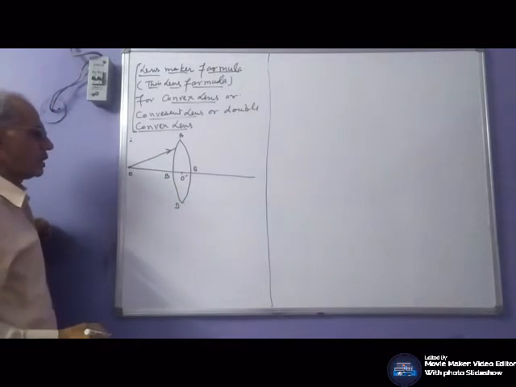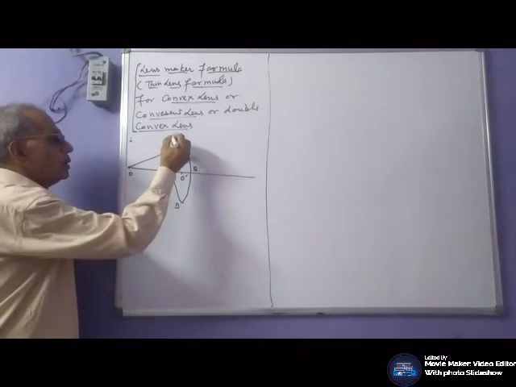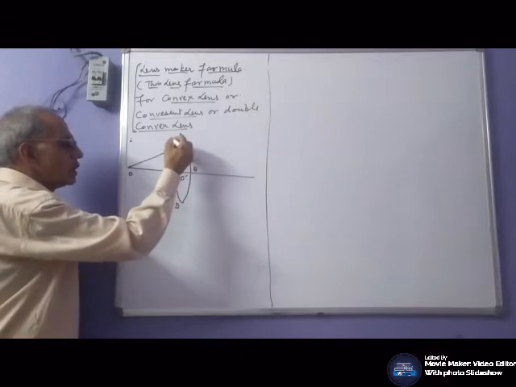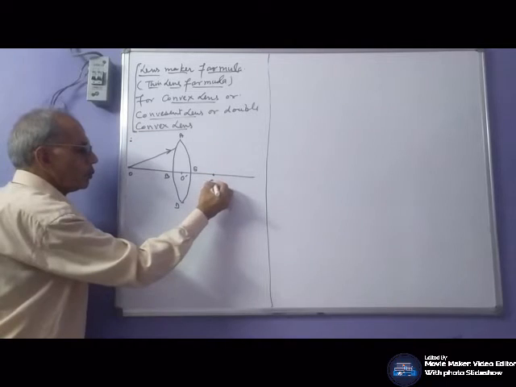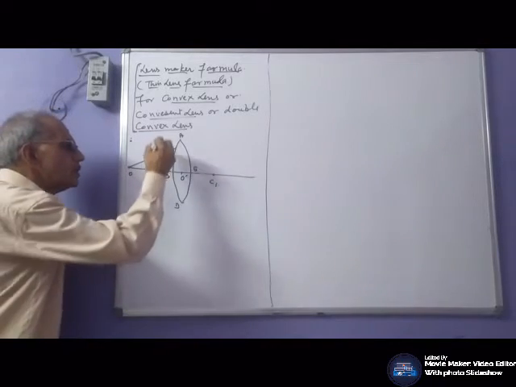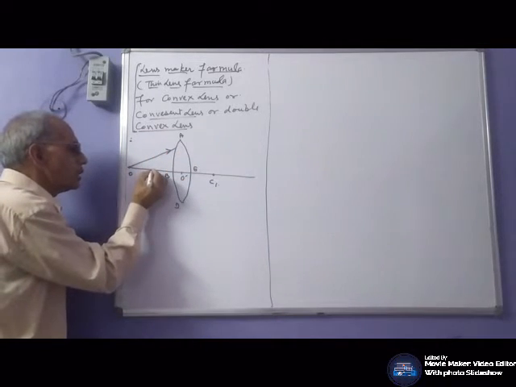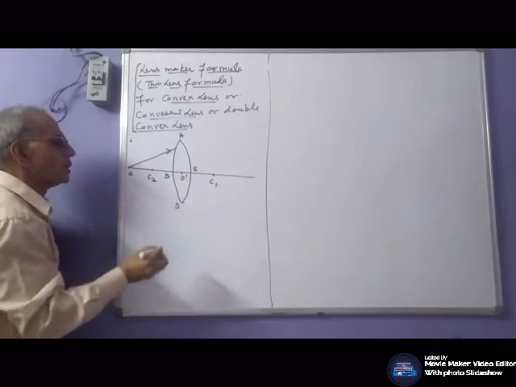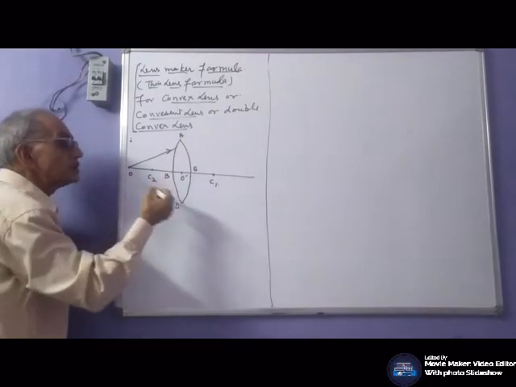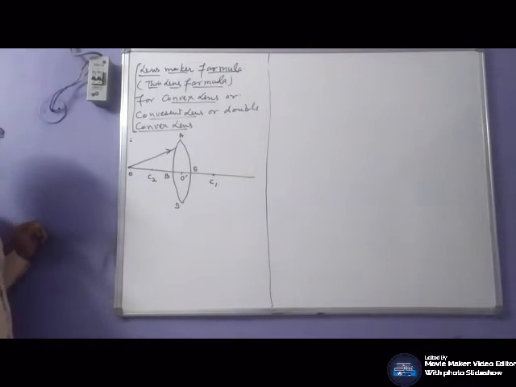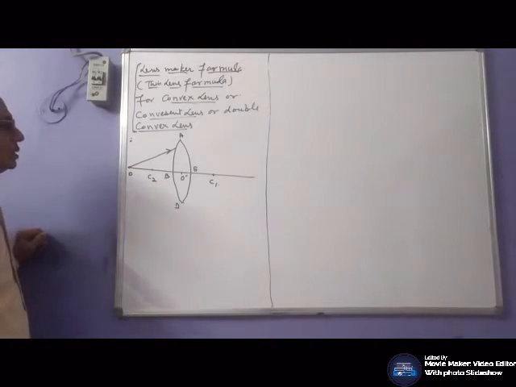Two surfaces are there. This curved surface, this is C1, the center of curvature of this. This is a convex lens, a double convex lens. This is a convergent lens because the ray converges.